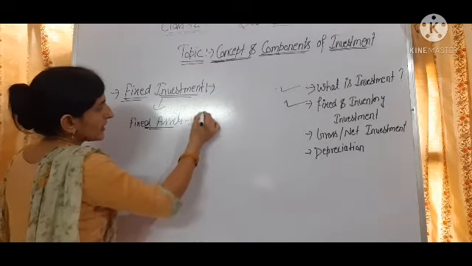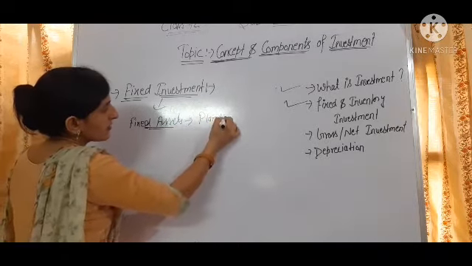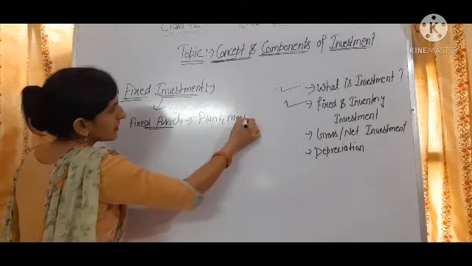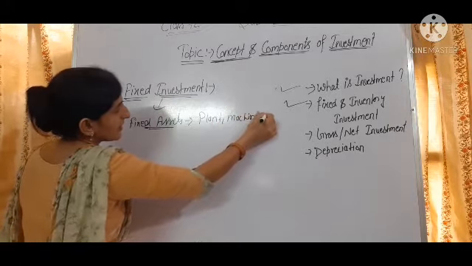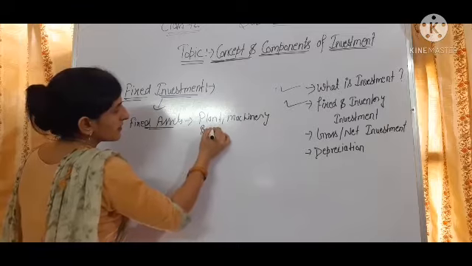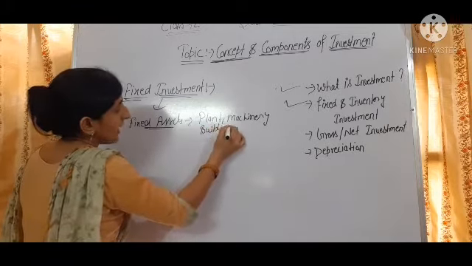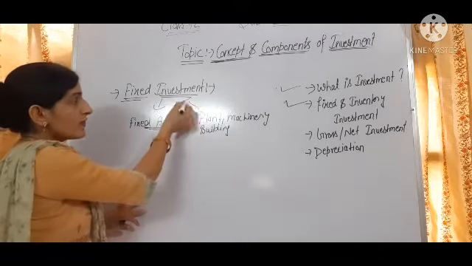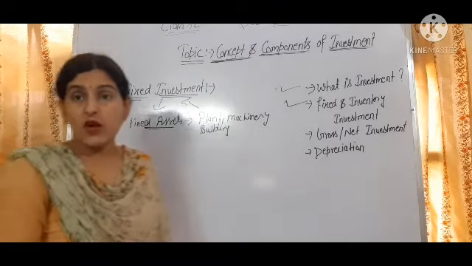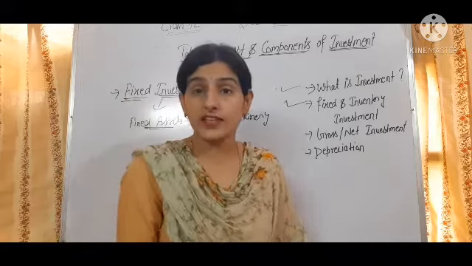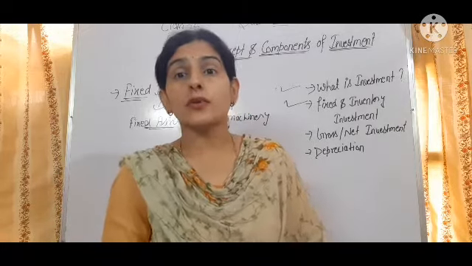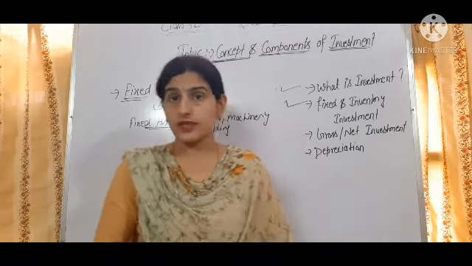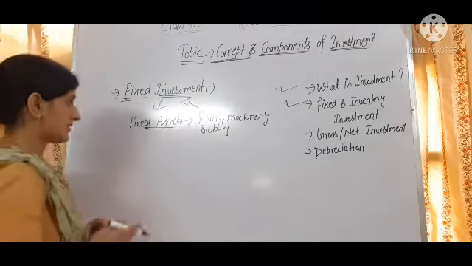For example, plant, machinery, building. So expenditure on the plant, machinery, building is called fixed investment. Why? Because these remain fixed. These cannot be moved from one place to another place. Okay, these are the fixed assets.